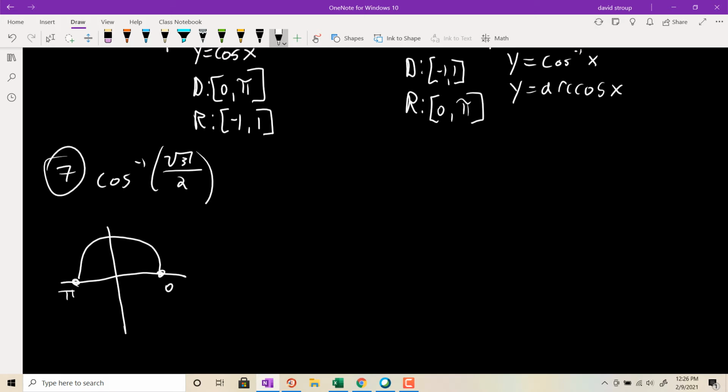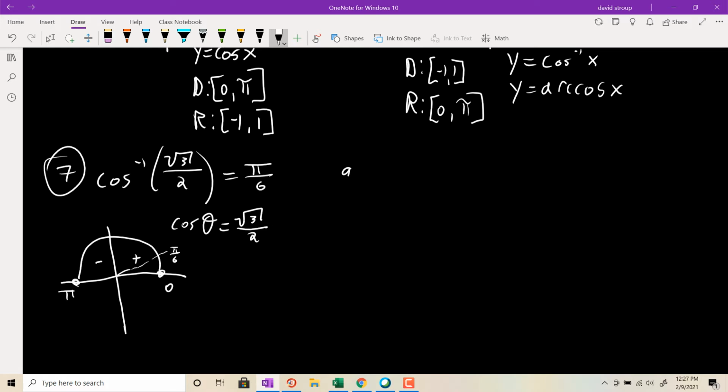Cosine is positive in this quadrant and negative in this quadrant. I'm looking for the angle theta such that the cosine of that angle is equal to positive root 3 over 2, so it has to be in the first quadrant. The reference angle that gives root 3 over 2 is just pi over 6. So your answer here will be pi over 6.